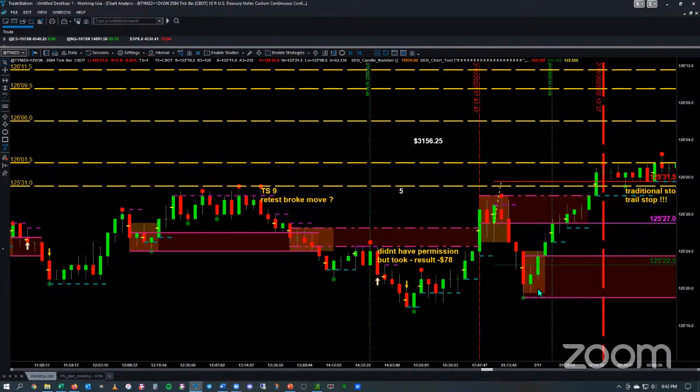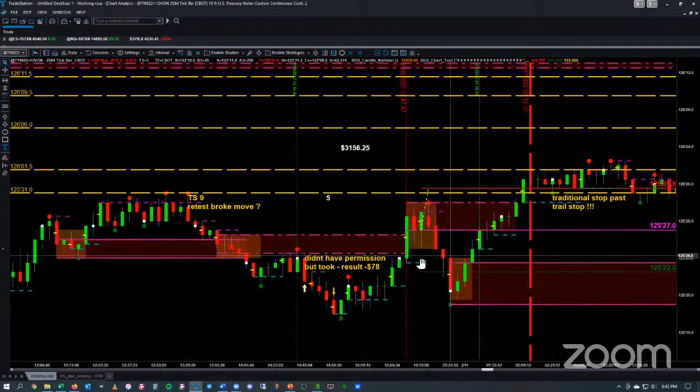And price goes through it, hits the stop, because remember, I don't have any contracts at this point because these 5 got stopped out right here. So I entered one contract here and it got stopped out. So it got stopped out for the band width plus the 3 ticks. Okay.